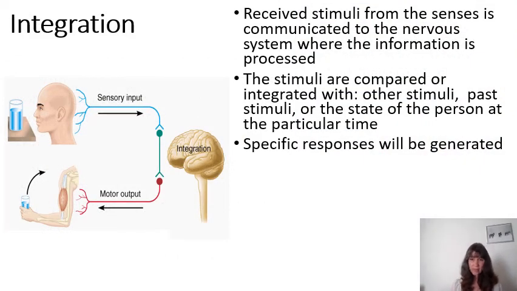Here we have another example of sensation, integration, and response, where the received stimuli from the eyes, this is visual input, goes to the central nervous system to be processed by that portion of the nervous system, and it is at this point in the central nervous system that the stimuli will be compared with or integrated with other stimuli that are occurring at the same time, past stimuli that the individual has experienced, or even the state of the individual at that particular time.